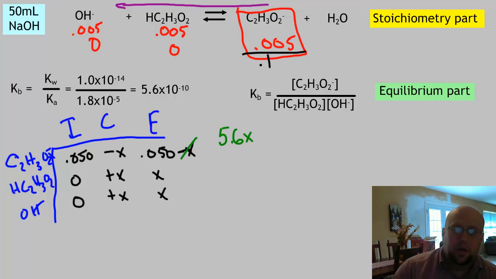So 5.6 times 10 to the negative 10th is equal to x squared over 0.05.